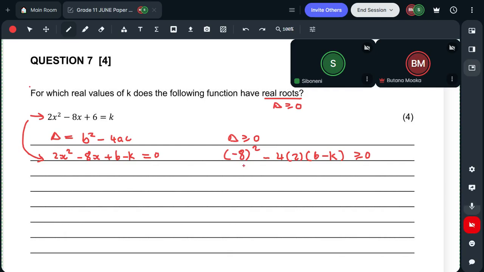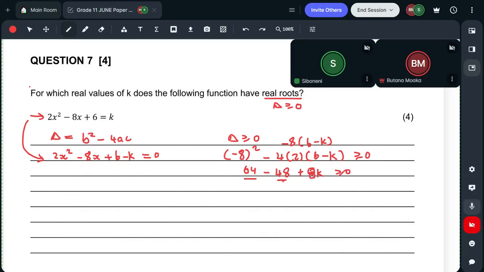So this is 8 squared, that's 64, minus 4 times 2, that's -8. So I need to multiply the bracket by that -8, which gives me -8 times 6, that's -48, and then -8 times -k, which is positive 8k, greater or equal to 0.